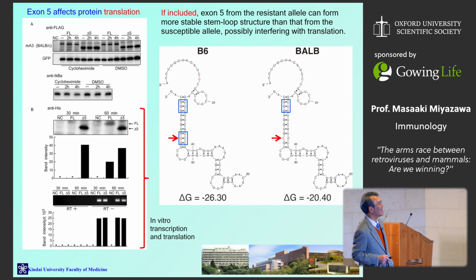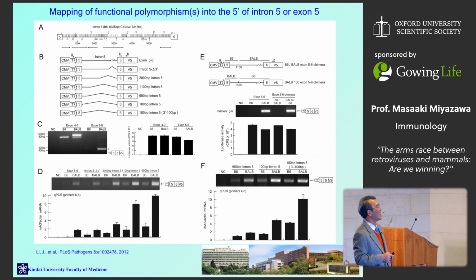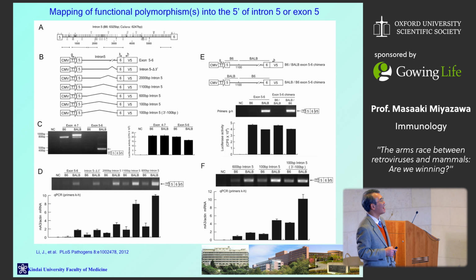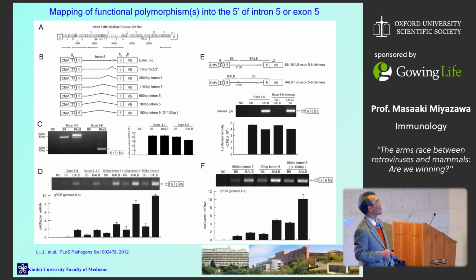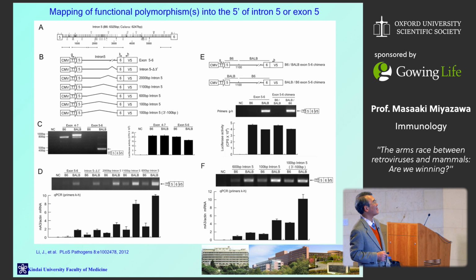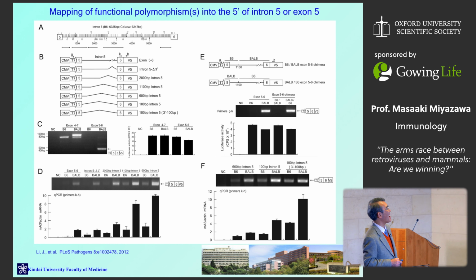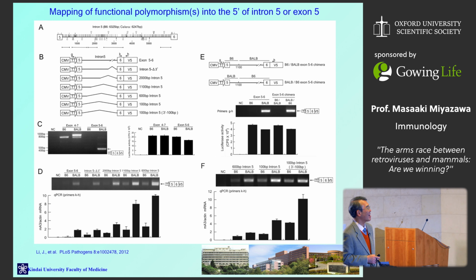It impedes the translation of messenger RNA into the protein. And we wanted to understand why the product of the resistant allele is expressed higher. I mean, why the resistant allele does not include the exon 5 into its messenger RNA.